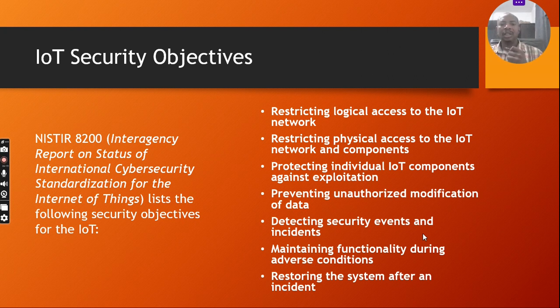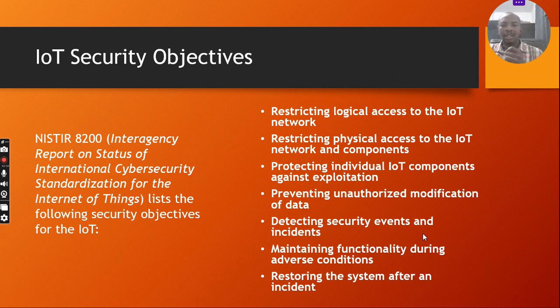Then another thing is restricting physical access to the Internet of Things network and components. Even the physical access, because once we set up an Internet of Things in our homes, then we should restrict even the physical access to these things in order not to jeopardize the Internet of Things that has been set up in our homes.